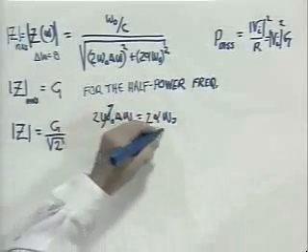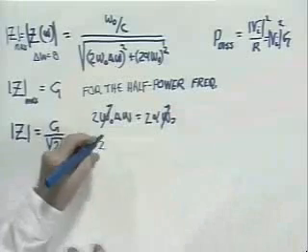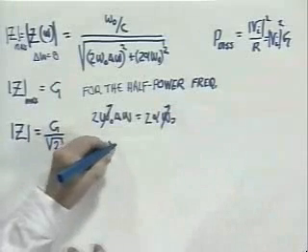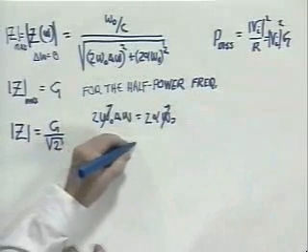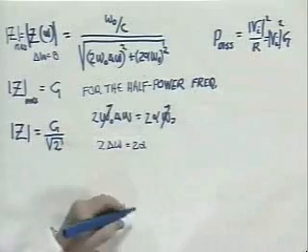The omega naughts cancel. So canceling the omega naughts, we end up with 2 delta omega equals 2 alpha.